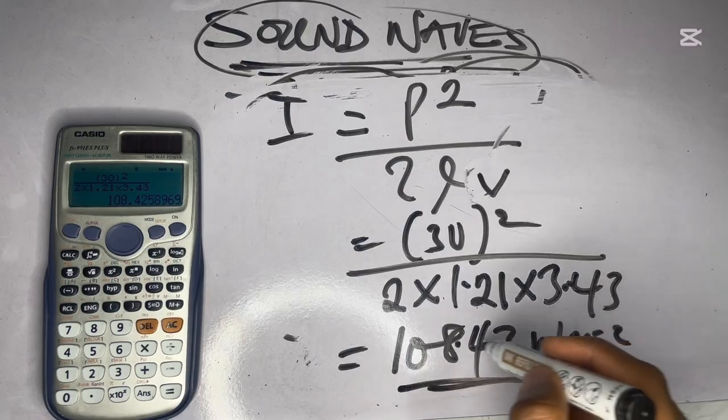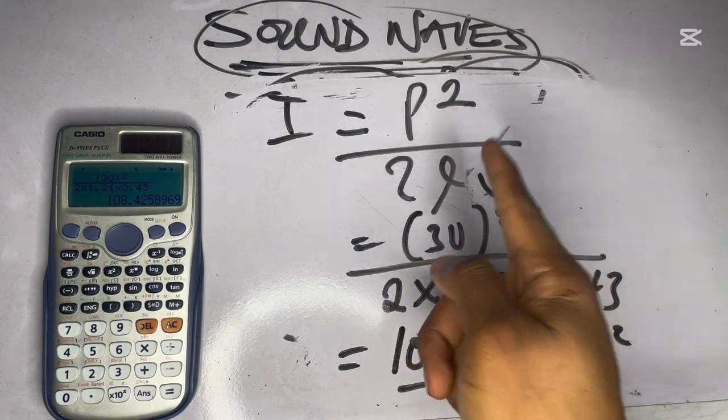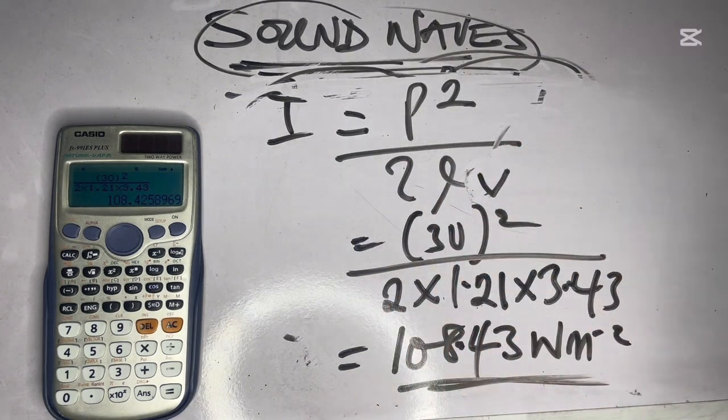So this is the unit, watts per meter square. That's the intensity at the pressure that has been given. You are given a pressure. This is not power here, this is representing pressure, so don't mix them up. Look at what is in the question because they will state whether it is power or pressure. So that is it basically.